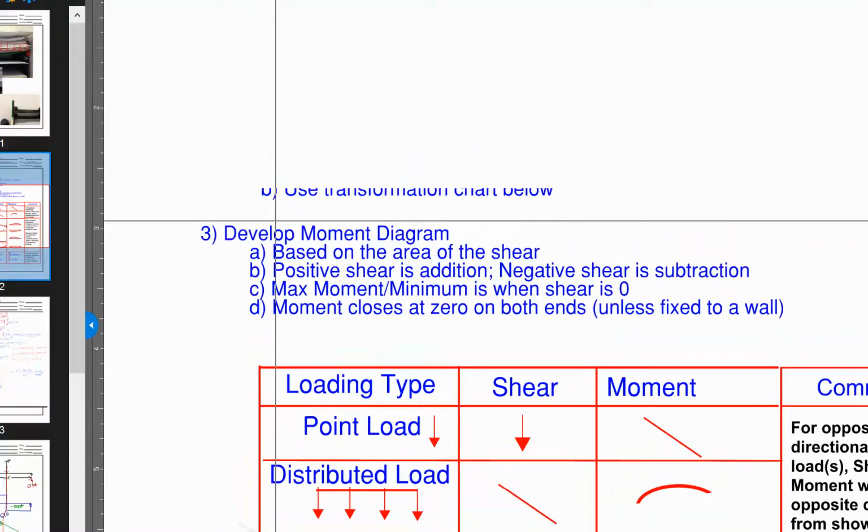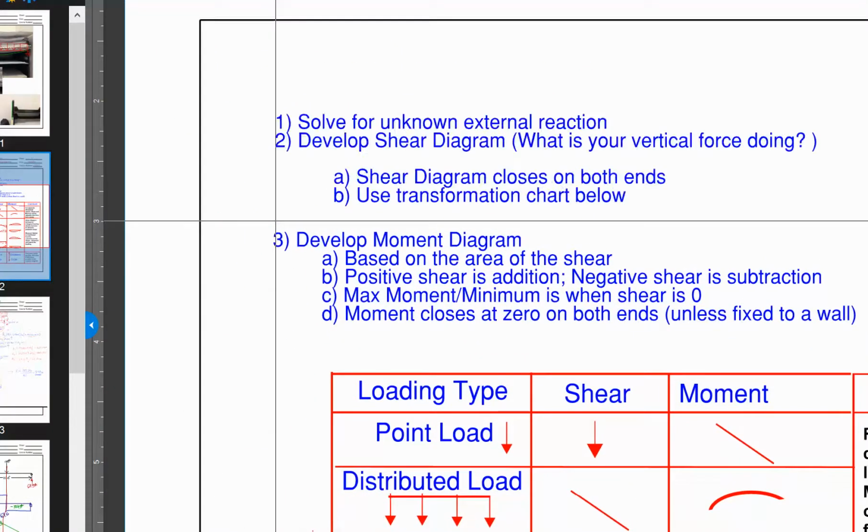All right, we're good. So now we're going to go ahead and develop the moment diagram. The moment diagram is based on the area of the shear. Positive shear is addition, negative shear is subtraction. The maximum and minimum moment is where shear is equal to 0. Do you see how naturally, when this 0 occurs, it's such a big deal?